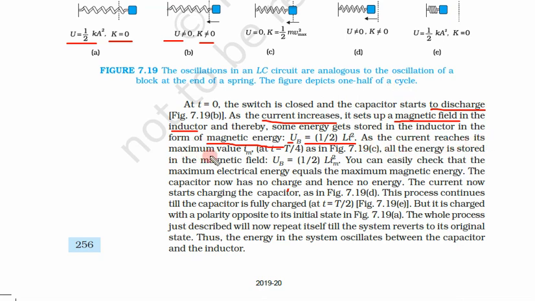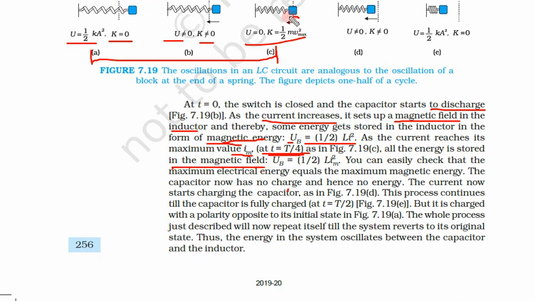After some time the current reaches its maximum value at T by 4. This is T by 4 because it is only 1/4 of the cycle. All the energy is stored in the magnetic field.